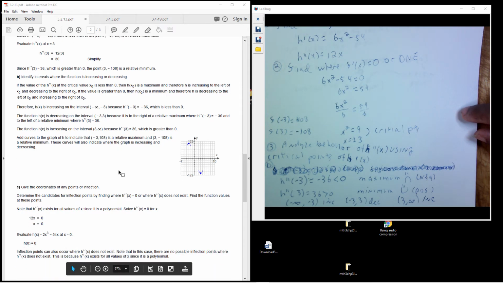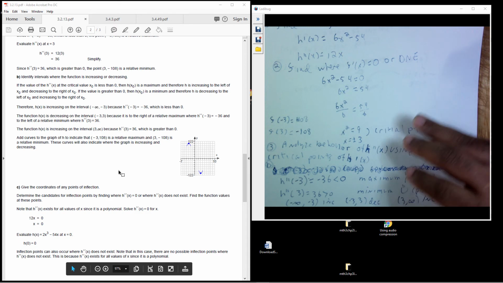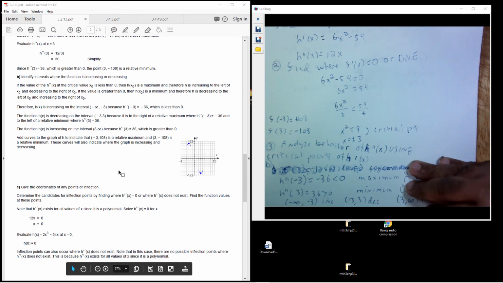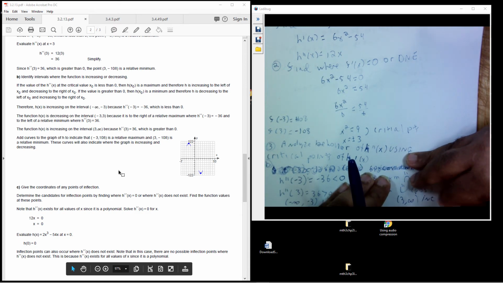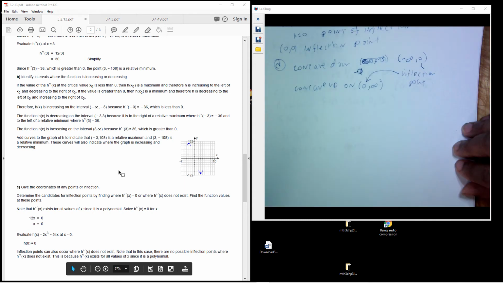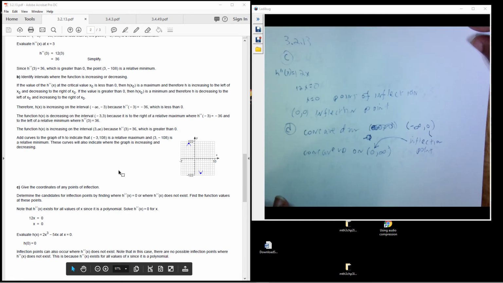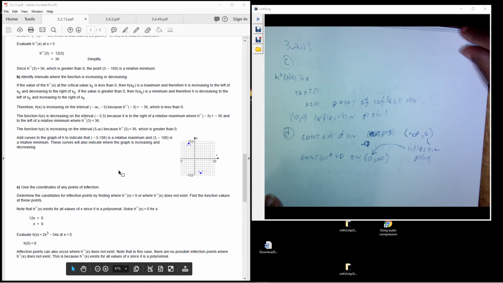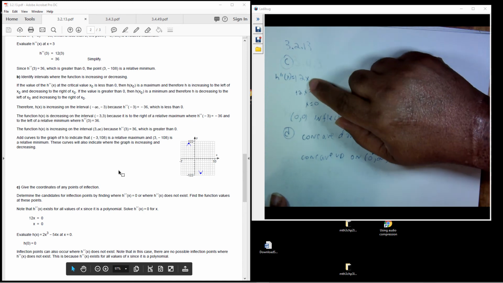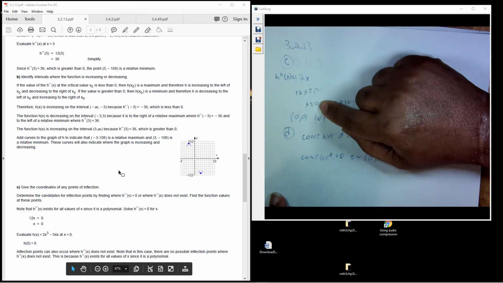Now the next thing they ask us to talk about is giving the points of inflection. Points of inflection are where the concavity changes. We find the points of inflection by taking the second derivative here, setting it equal to 0.